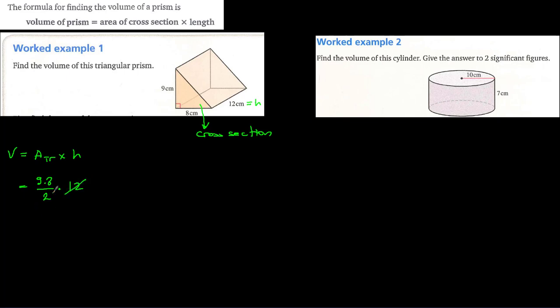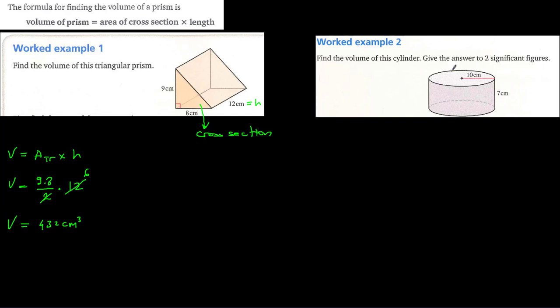So it's going to be equal to 9 times 8 times 6, which is 72 times 6, 432. So the unit is 432 centimeters cubed. This is the volume of the solid.